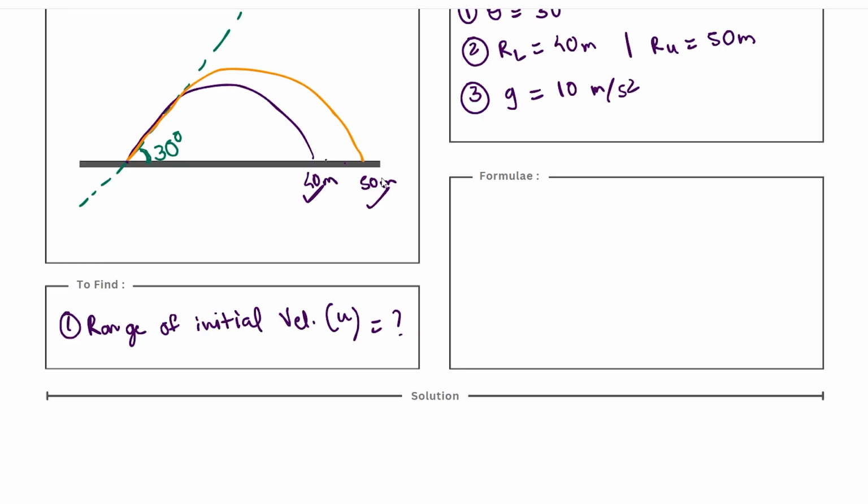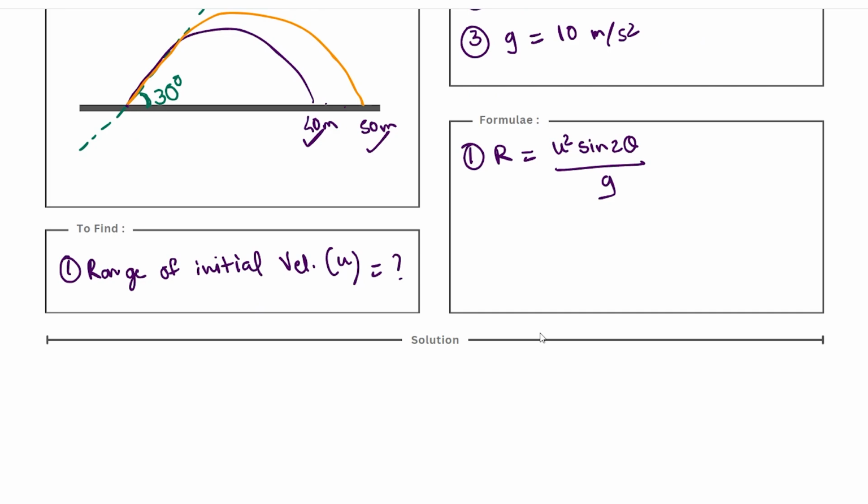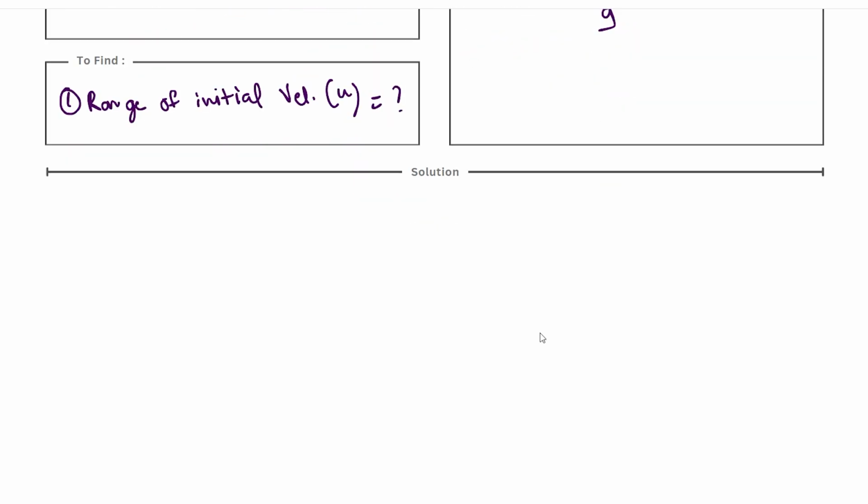The only formula which makes sense for finding initial velocity using horizontal range is the formula for range of a projectile, that is R is equal to u squared sine 2 theta by g. We have all studied this formula, so this is what we are going to use to solve it. Let's quickly solve our sum.